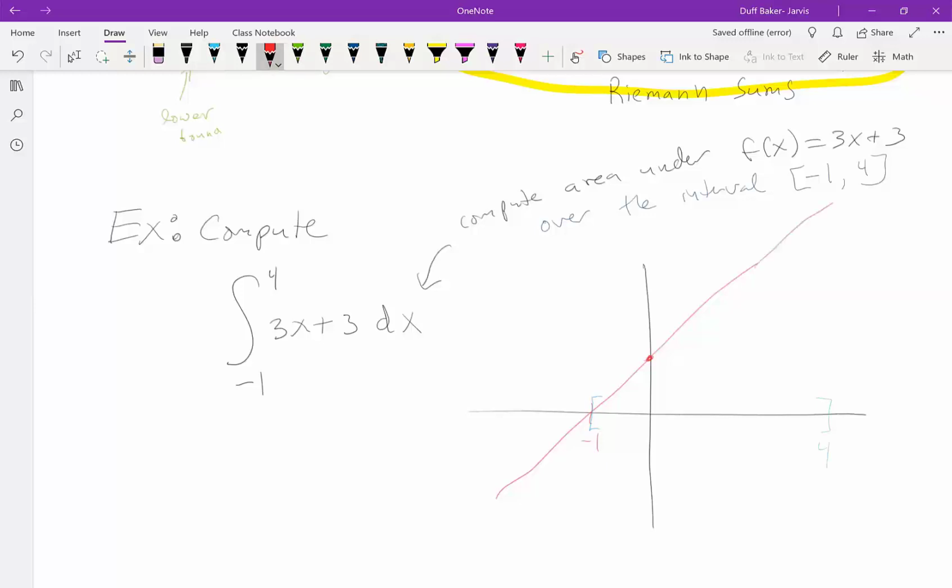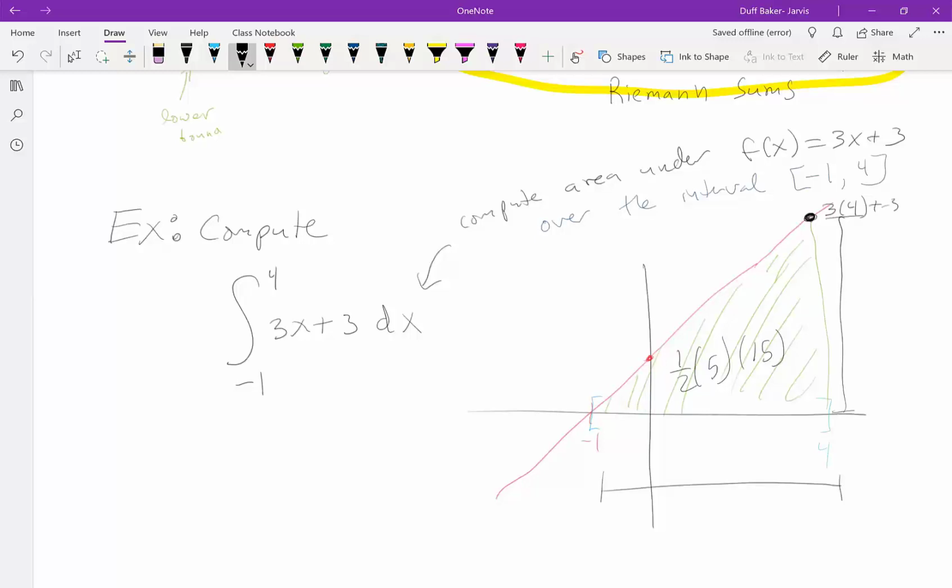The area we would want to calculate would be this area. But that's just in the shape of a triangle. So this has area 1/2 times the base, which is this width of 5, times this height. Its height is whatever the y value is here. So that'll be 3 times 4 plus 3, which is 15. So that's what this answer is.